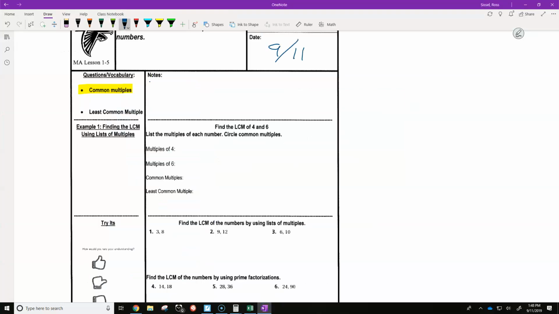So I'm going to say multiples shared by two or more numbers. Okay, well that makes sense. A common multiple means it has to be the same multiple between more than one number. I have to find the multiples of one given number, I have to find the multiples of another number, and which ones are the same.